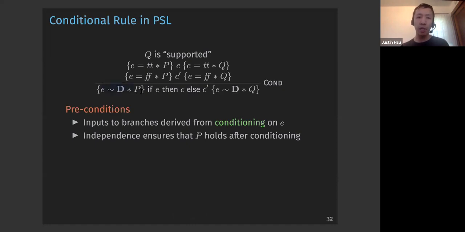That's reflected in the precondition, where E distributed is independent of P. This is because when we go to the branches, we have to condition on the guard being true or condition on the guard being false. So in general, we don't know if P is going to hold unless we know a priori that it's independent of the guard. If it is independent of the guard, then I can preserve P as a precondition to the branches. So this is one crucial place where we're using independence to preserve some information about the precondition that we otherwise would not have.